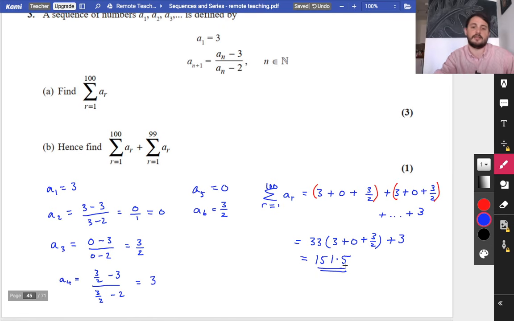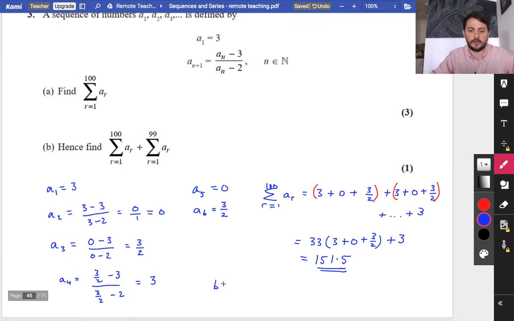And then it says, find the sum of this first thing that we've got here, plus the sum of it all the way up to 99. Well, we know that up to 99 was all of this bit. This was the 100th one.